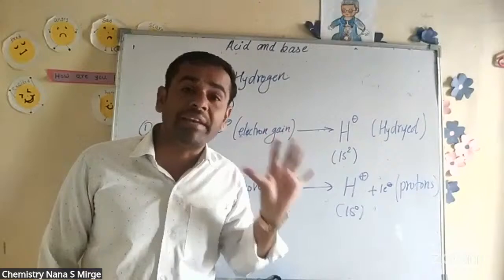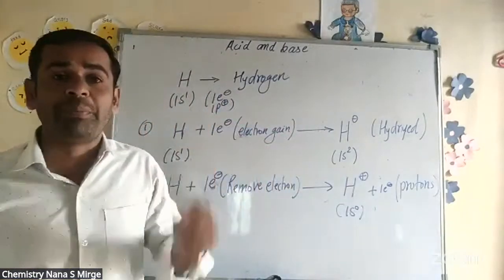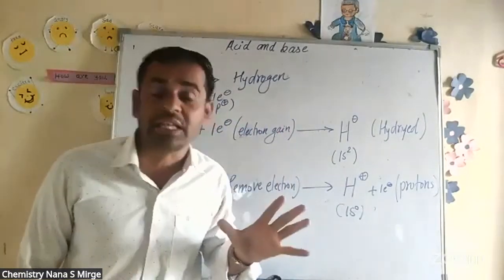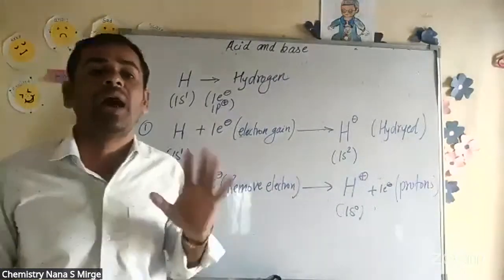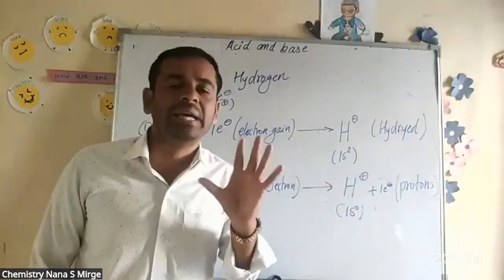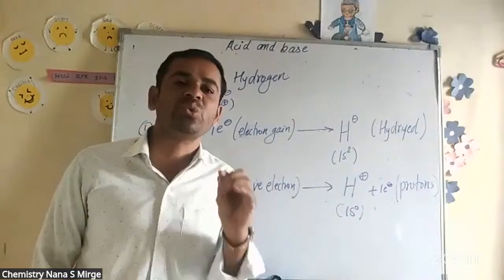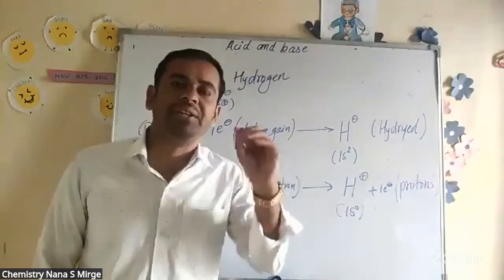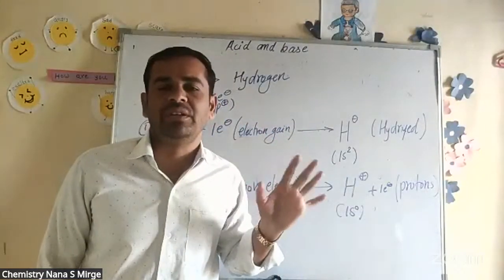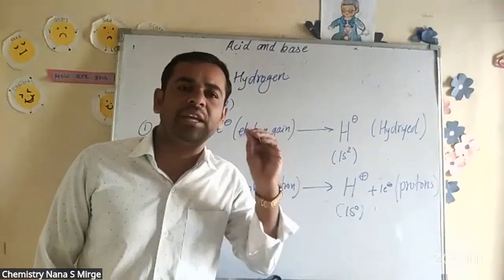According to the Lewis concept, an electron pair acceptor is an acid and an electron pair donor is a base. These two concepts are very important, and they make a lot of reactions in chemistry and chemical synthesis.